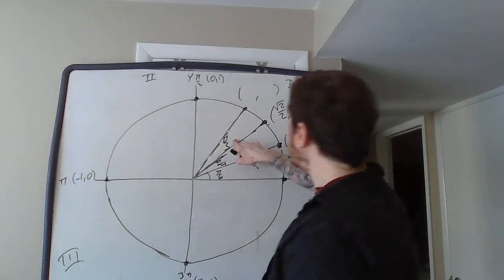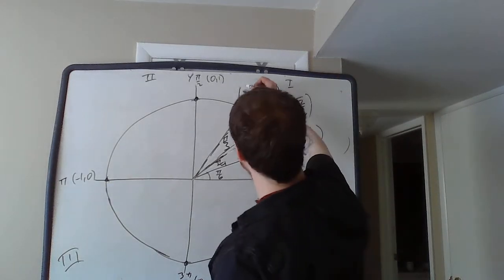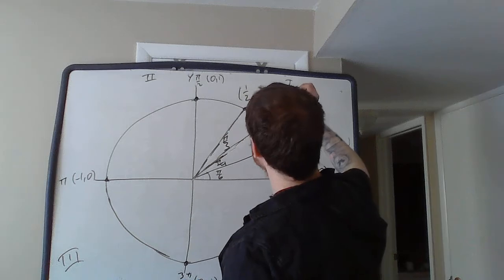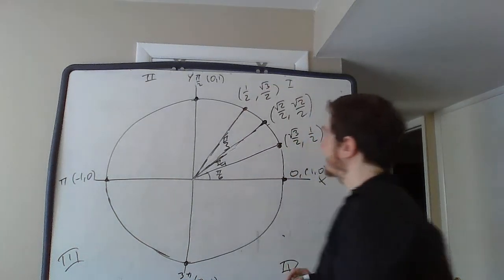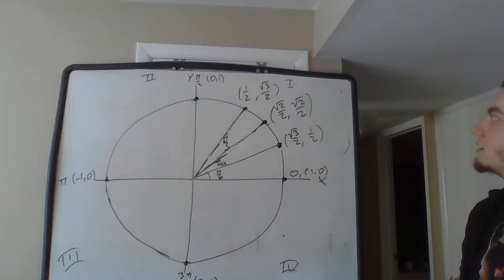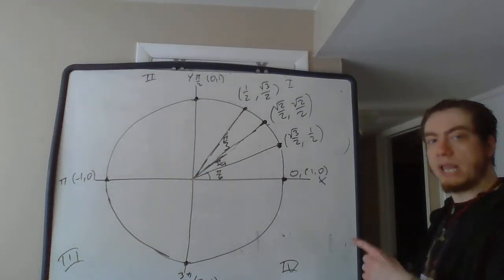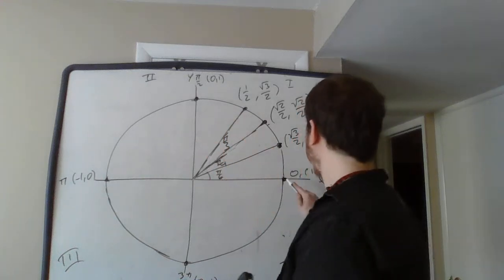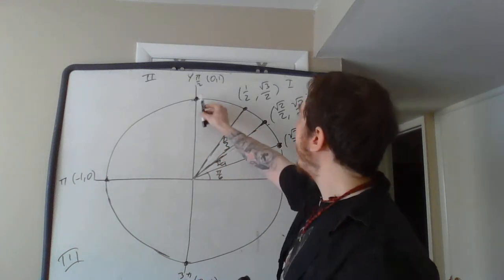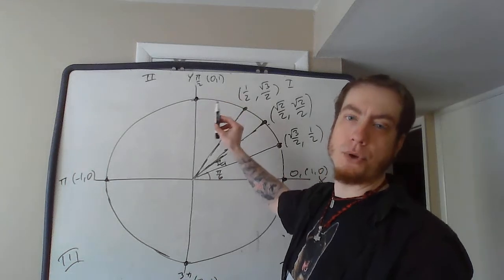Well, the cosine of pi over 3 is 1/2, and the sine of pi over 3 is square root 3 over 2. Okay, so we have now labeled all of the angles that we know that fall in quadrant 1, starting at an angle of 0 and going up to an angle of pi over 2.